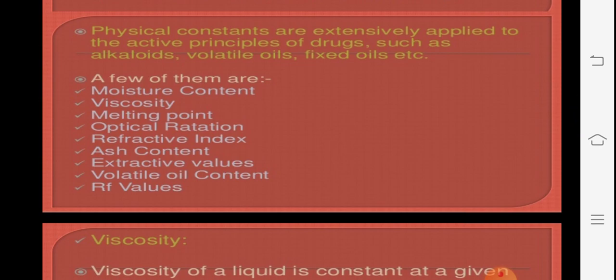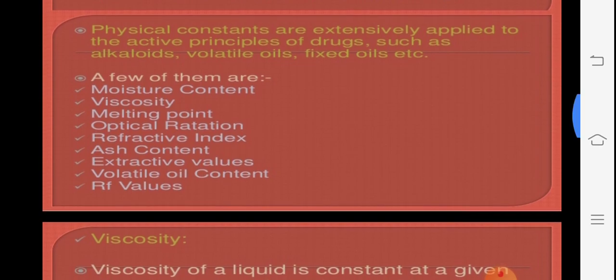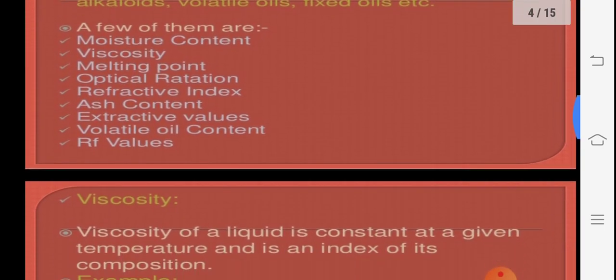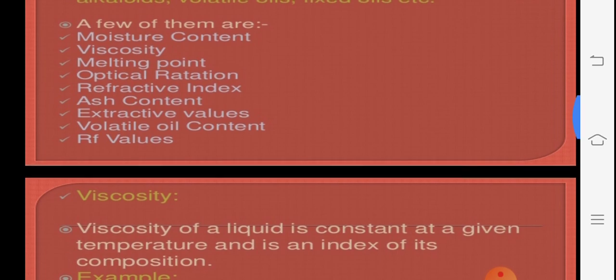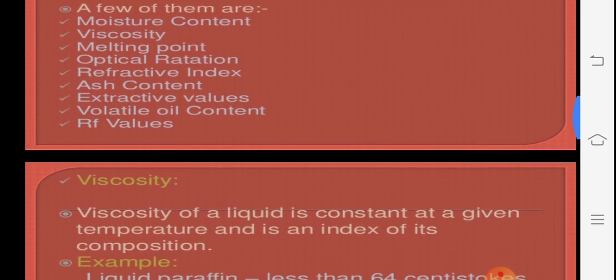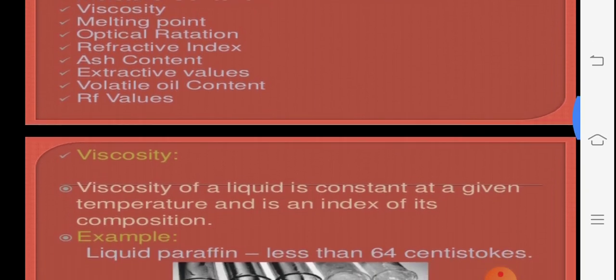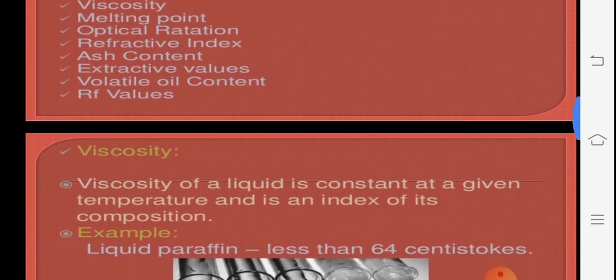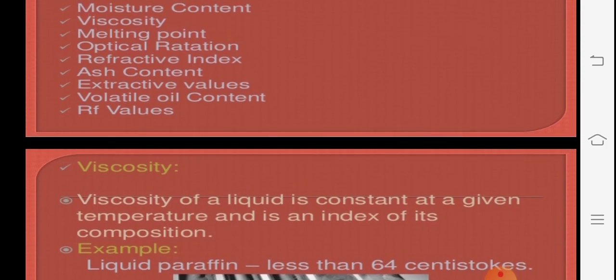Then physical constants of certain drugs are there, suppose alkaloids, volatile oils, fixed oils. So moisture test, then viscosity test, melting point test. Moisture, that is how much water is present in the drug, right? Then secondly, refractive index. We observe refractive index, suppose a prism is there, and how any ray shows the deviation.